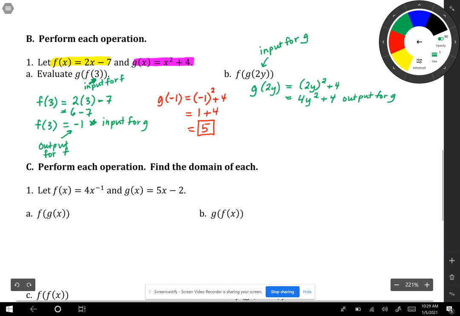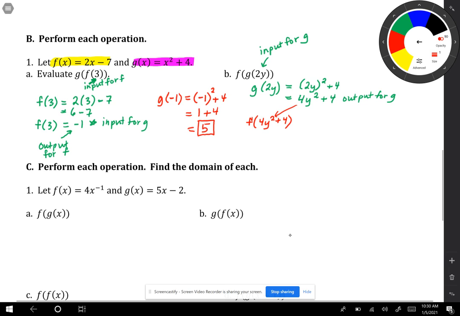Now you're going to use that as your input for f. So you go to the yellow function, and wherever you see an x on the right side, you replace it with 4y squared plus 4.